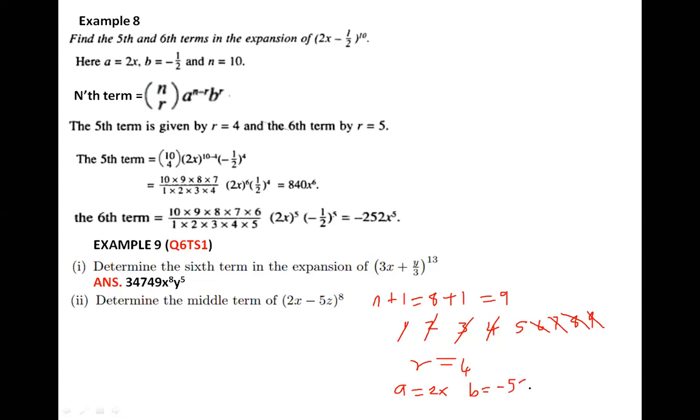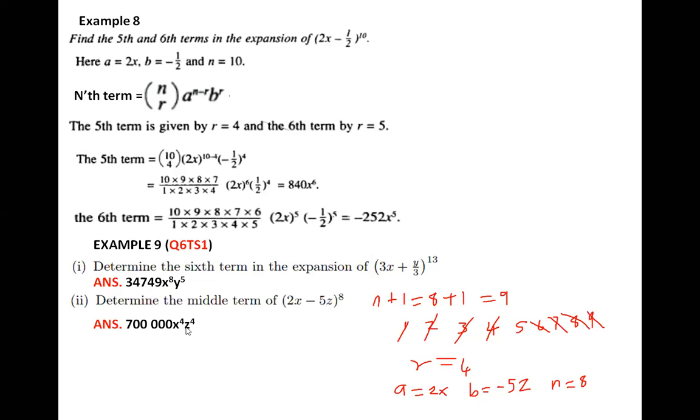And then your N is going to be 8. You replace all these values in this formula there. So once you replace them in the formula, you find your final answer, which is 700,000 x to the power 4 and z to the power 4. This is going to be your final answer.